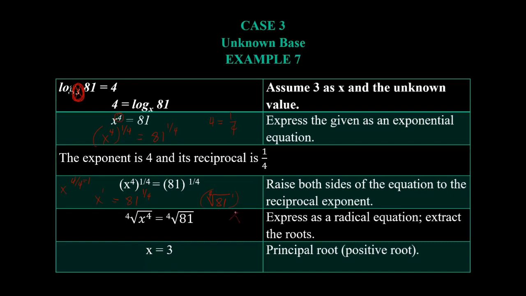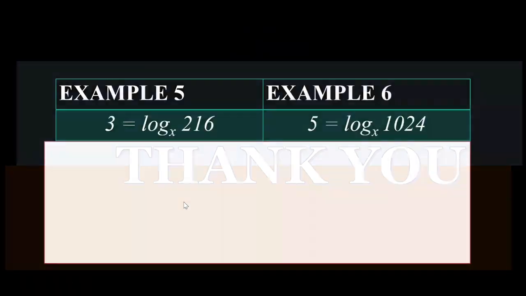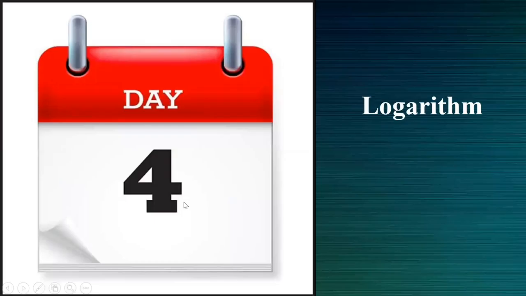You can calculate this, or you need to get the root of 81 and multiply it to itself 4 times, then the answer must be 81. And when you get the fourth root of 81, that is equal to 3. Okay? Now, let's have another example.